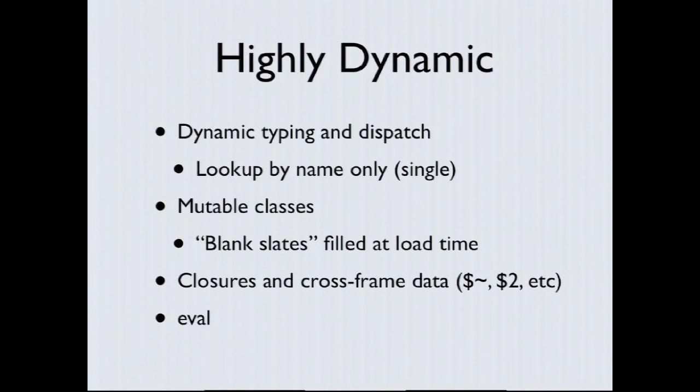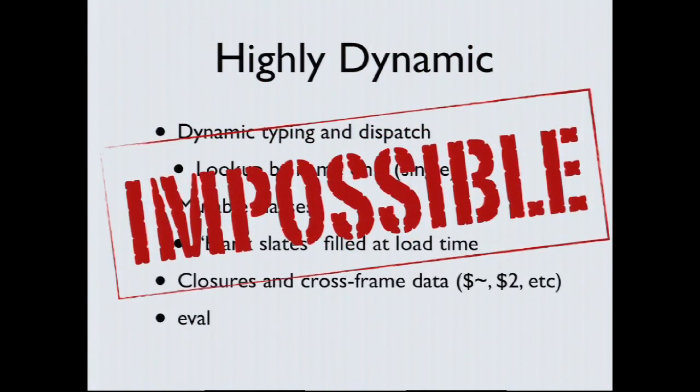We also have closures to deal with. We have data that crosses frames, like if you do a regular expression match, that's a function call, but it needs to set local variables as well, tricky things to do. And we have to be able to do things like eval and evaluate code on the fly. And again, this is where a lot of people said they would never be able to get JRuby performance anywhere near a C-based implementation, and certainly not up to where they'd want to use it.